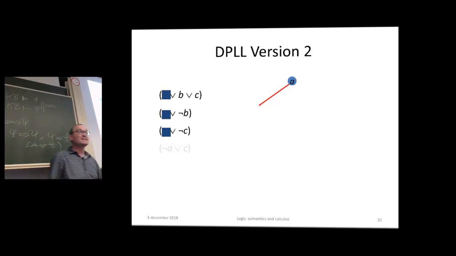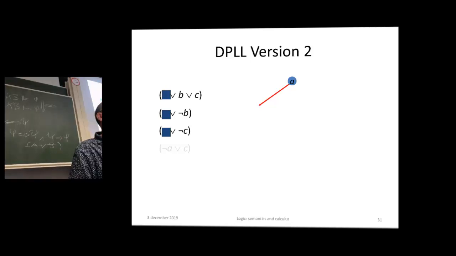And even more powerful, we can remove the clauses where not A occurs because we know it's true. Not A is true if A is false. And then we can remove all the clauses in which this literal occurs negated. That's a very powerful idea because now we've made one choice, and by this one choice, we've reduced the clause set that we have to check.